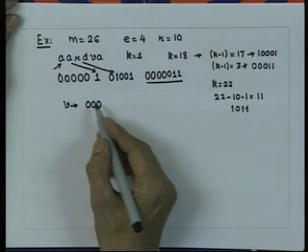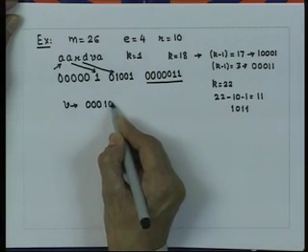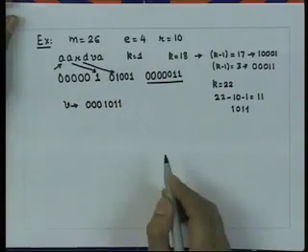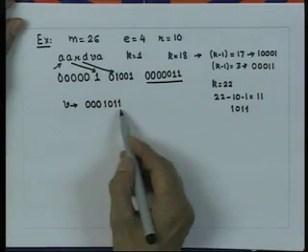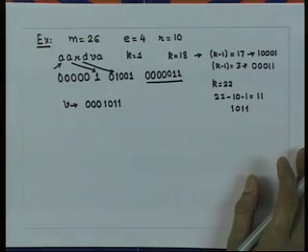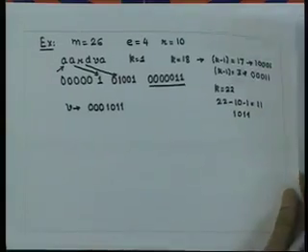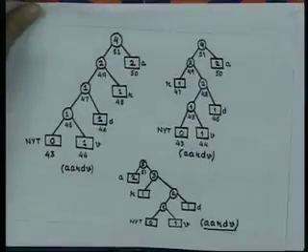So, the code word for V would be 000 followed by 1011, and at the end of encoding we again call the update procedure, and when we call the update procedure, the final tree structure is as shown here.